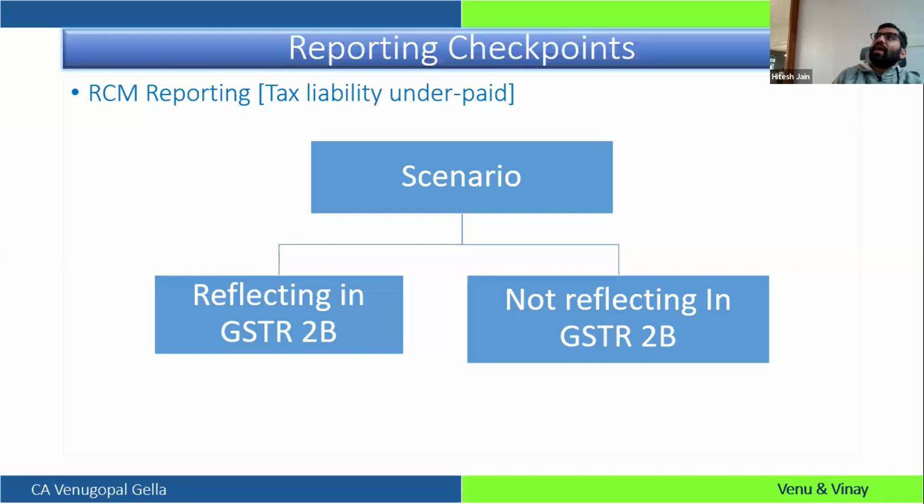Another option is, if 9C is applicable, then I don't show it in GSTR-9. In GSTR-9, I report what I have reported in my monthly returns only, and I create an additional liability by disclosing these figures in table 9 of GSTR-9C. Thereby, my tax liability increases and I pay my taxes through DRC 03.